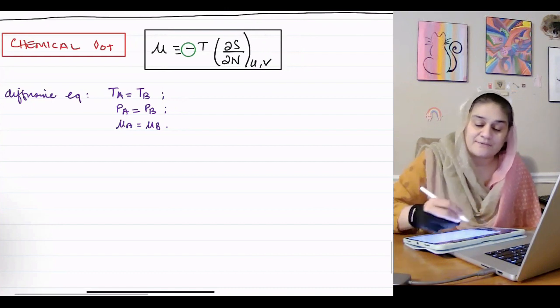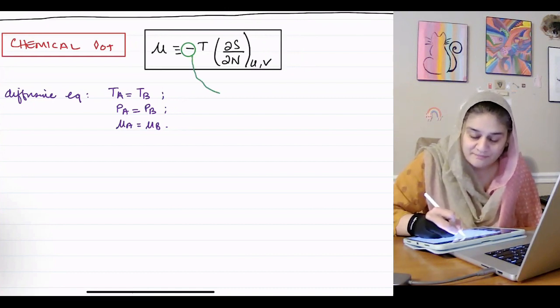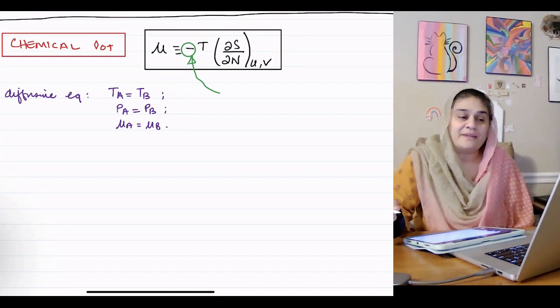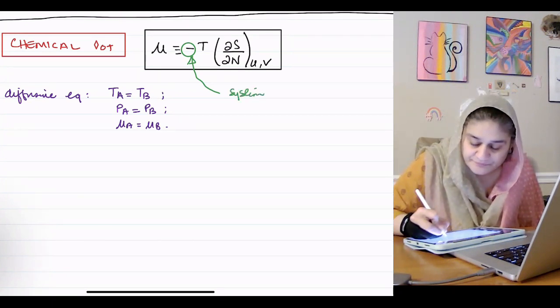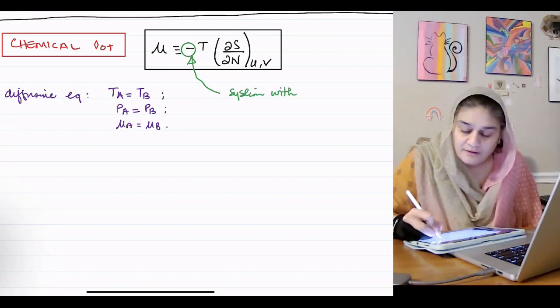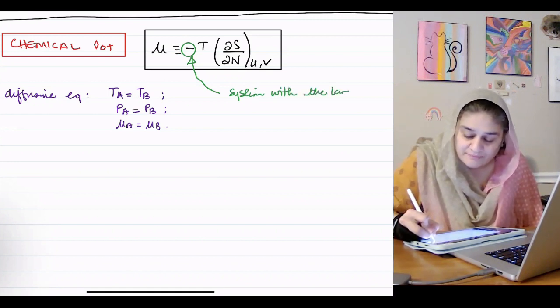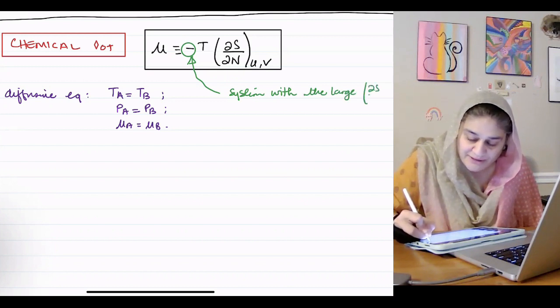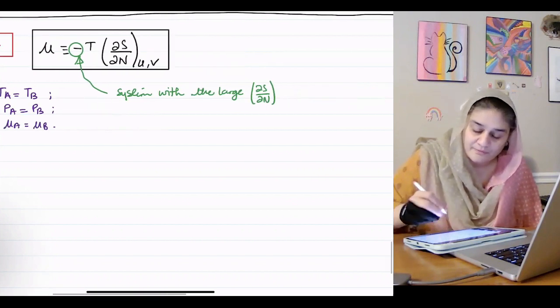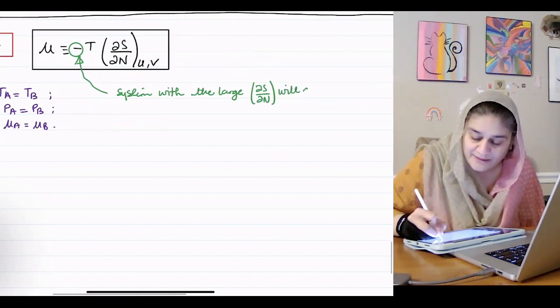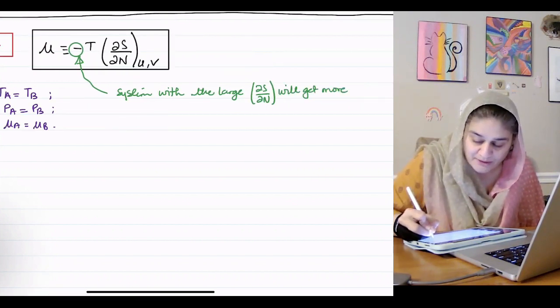And the negative sign implies that the system with the larger partial S over partial N will get more particles.